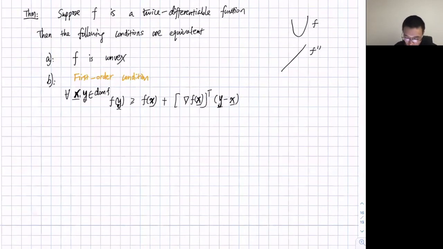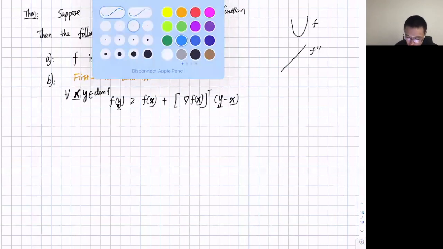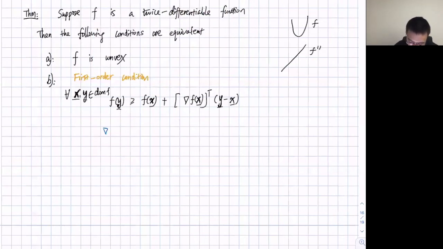So just a reminder, what is the gradient? The derivative or the partial derivative of f evaluated at x with respect to x. It's defined as follows. Suppose x is x1 up to xd, a d-dimensional vector. Then the gradient is: you treat every dimension as a variable and all other dimensions as fixed constants, then you compute the partial derivative.